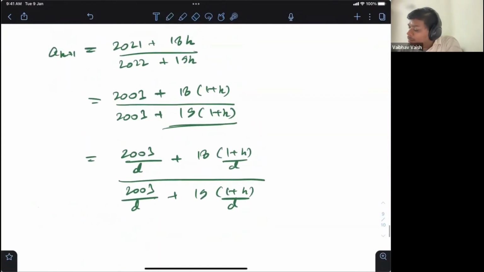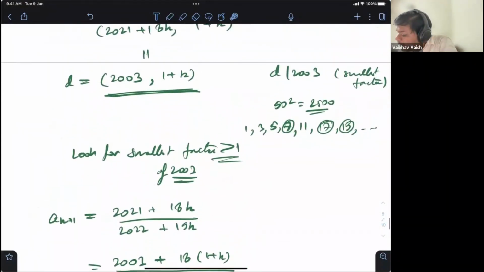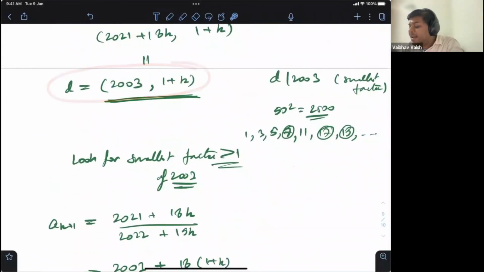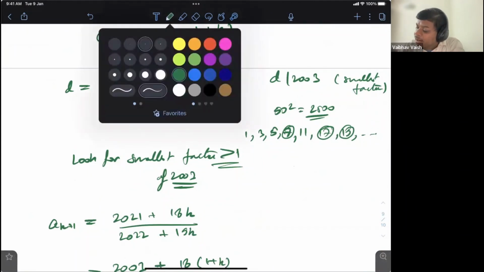Yeah, sorry, I was making a mistake. Let's see. K is the smallest such integer such that 1 plus K divides 2003. We are asking for the first such step, right? So the first such step will happen when 1 plus K will be a factor of 2003 itself, right?